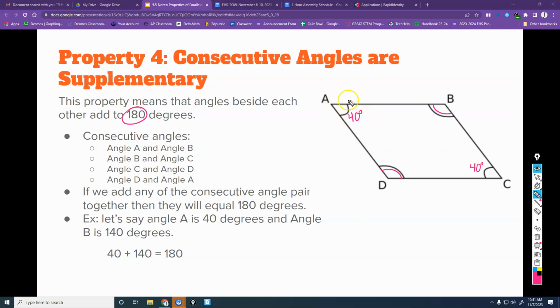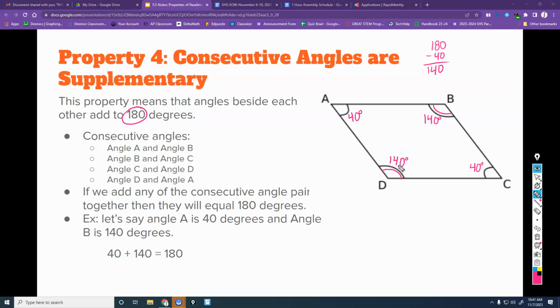So whatever A is plus this other angle over here, B, they have to add up to 180. So if I do 180 minus 40, I will get 140. So this angle right here would have to be 140 degrees. And if angle B is 140 degrees, then angle D has to also be 140 degrees.